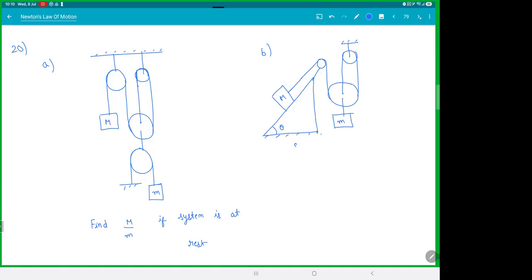This is the smooth incline. Find the ratio of capital M by small m if the systems are at rest. Try. I'll give you a minute more and then I'll show you both.